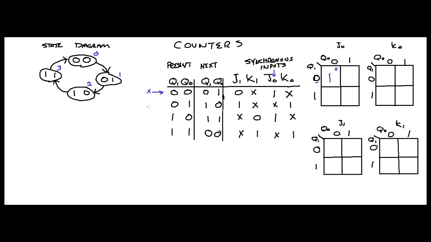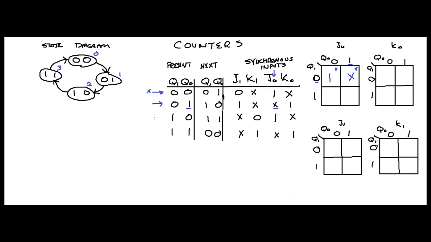Now, let's look at this one. When Q0 is a 1, which means it's going to be over here, because here's your 1, and Q1 is 0, that's going to be in this cell, right? And you come all the way over, J0 is an X, isn't it?